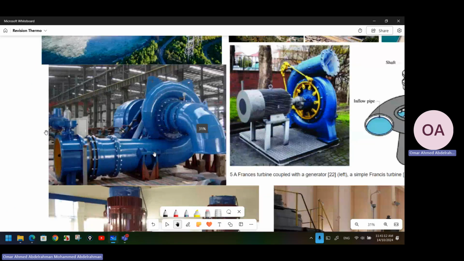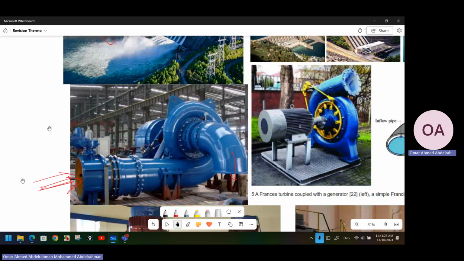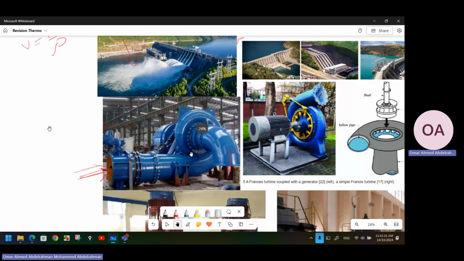So that is the real turbine in the real world. It will have an inlet, and it will have an exit. So the water will move from the dam or from the lake through the inlet of the turbine and will go out in the other pipe. What is happening inside?